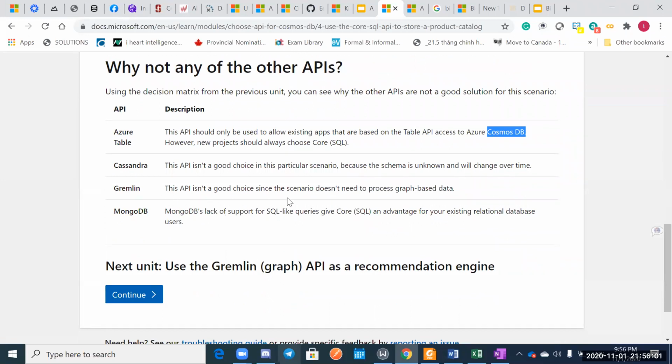Gremlin is also not a good choice because it doesn't support graph-based data. MongoDB lacks support of SQL-like queries. So the last point is core SQL, because it supports similar storage to SQL level. So let's go back here.